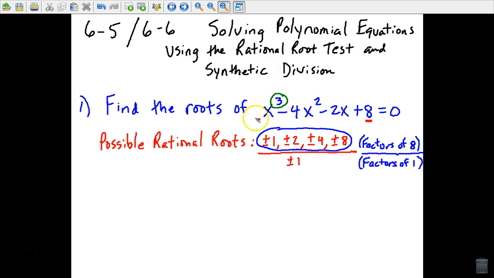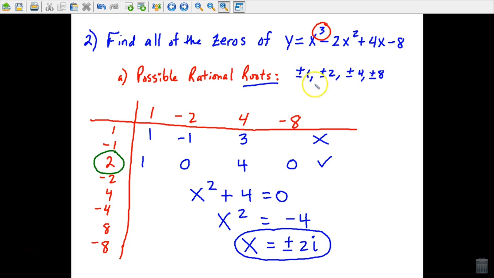If you multiply 1, -4 times -2, you get +8. Okay? Notice on this problem, the coefficients 1 times -2 times +4, you multiply those three coefficients together, you get -8.